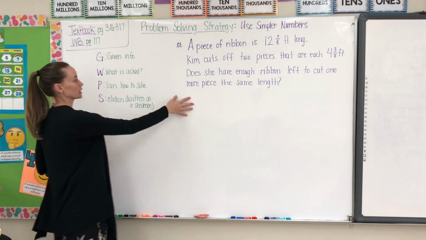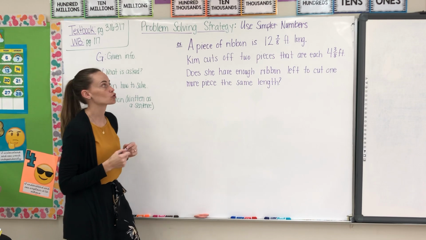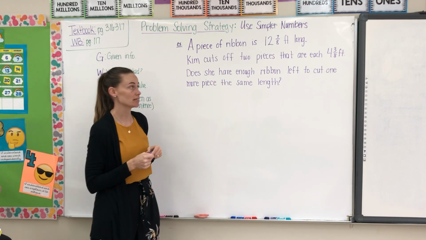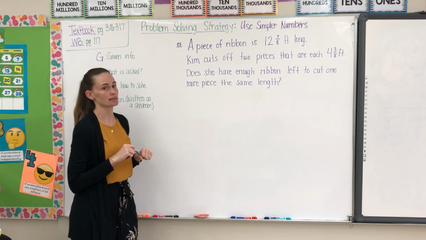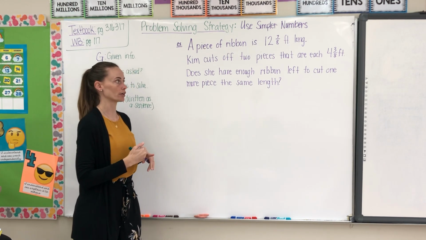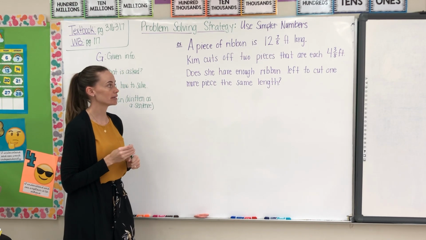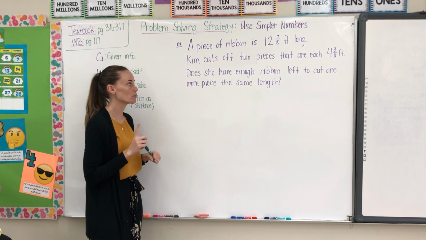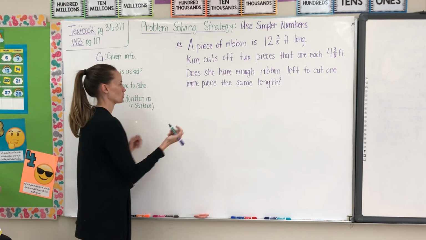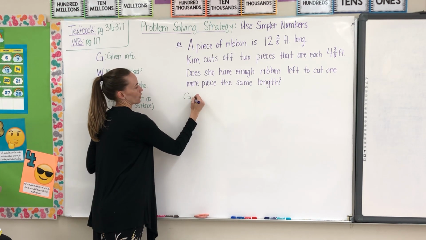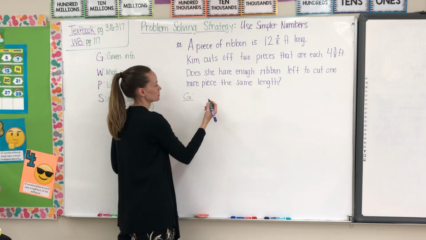Okay, so here's an example. It says a piece of ribbon is 12 7/8 feet long. Kim cuts off two pieces that are each 4 3/8 feet. Does she have enough ribbon left to cut one more piece the same length? So let's start with the G. What information are they giving to us? Well, they're telling us that she has a piece of ribbon.